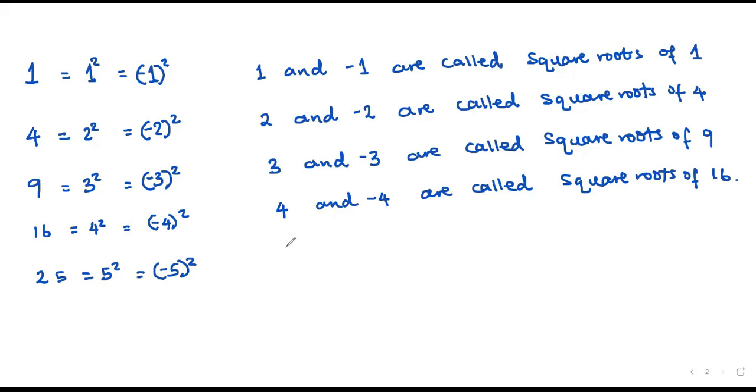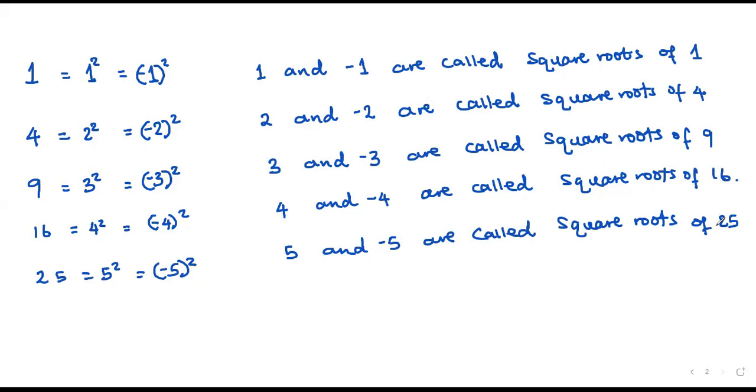And now we say that 5 and -5 are called square roots of 25. So when we talk about the square root, we mean a number that we can multiply by itself to give 25. So it means that that number is 5 and it is -5.